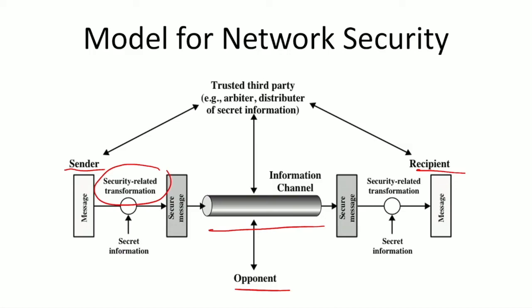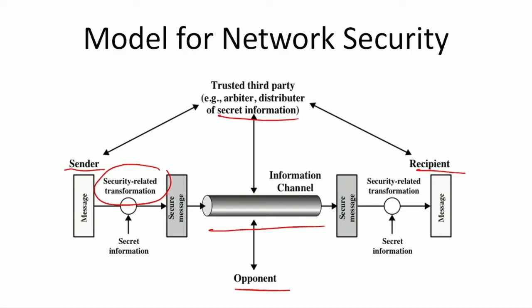Number two, some secret information shared by the principals, and it is hoped that it is unknown to the opponent. An example is an encryption key used in conjunction with the transformation of the message to scramble it before transmission and to unscramble it upon reception.